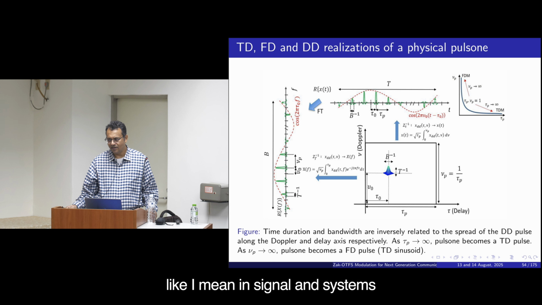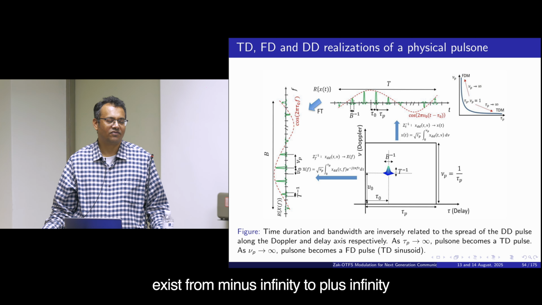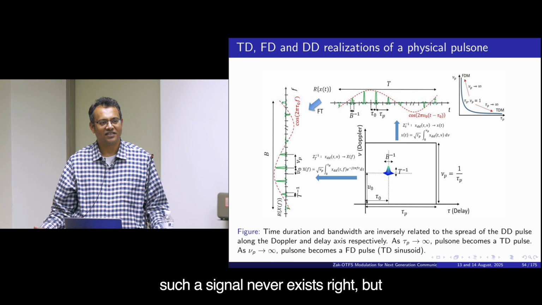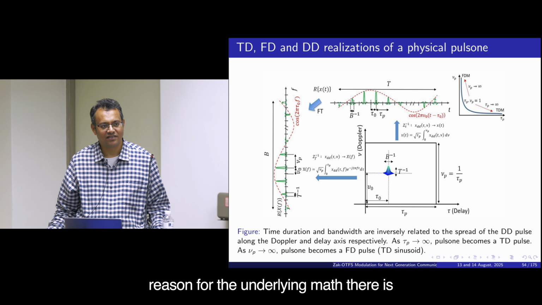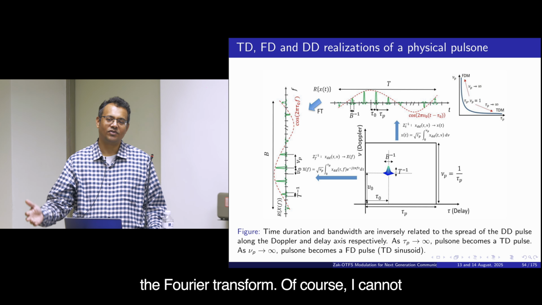In signals and systems we teach students about periodic signals which exist from minus infinity to plus infinity. We teach them Fourier series. In reality such a signal never exists, but we still teach it because there is importance to the underlying math, because from that we derive the Fourier transform.